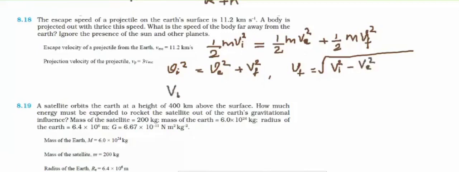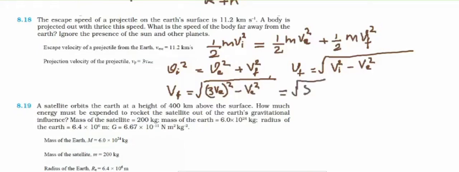Therefore, vf is equal to under root vi is 3 times escape velocity, the whole square, minus v square, is equal to under root 8 v square.